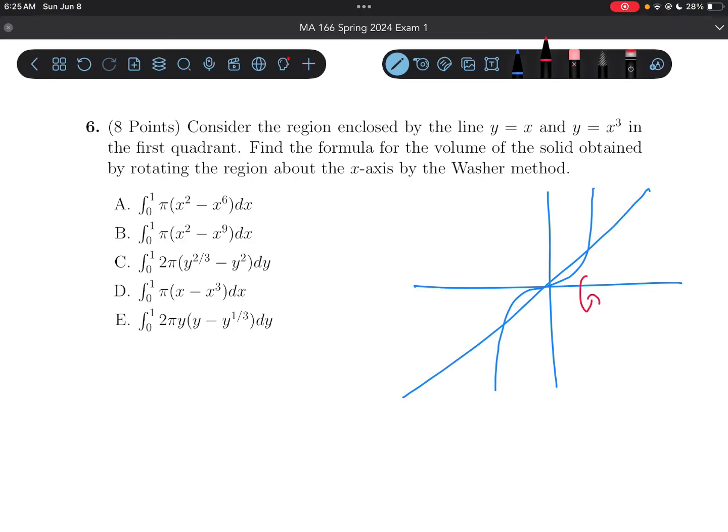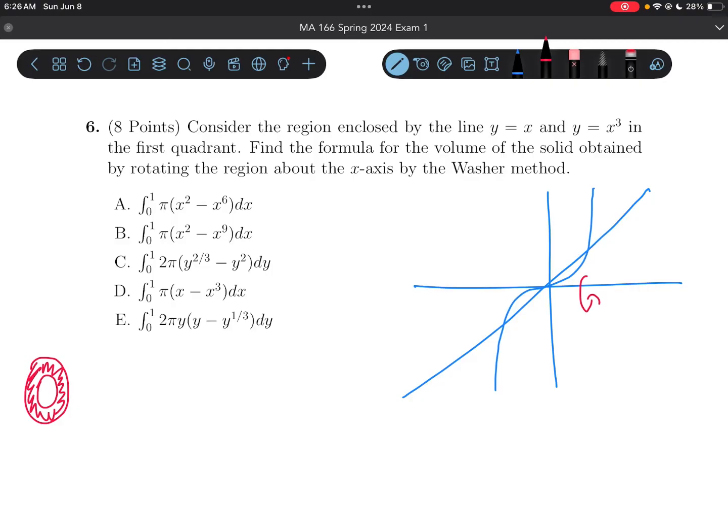Suppose we have some kind of solid, we can visualize the solid as a circle with another circle cut out of it. So this is our disk, and basically we can find the area of all of these disks, add them up together to find the volume.